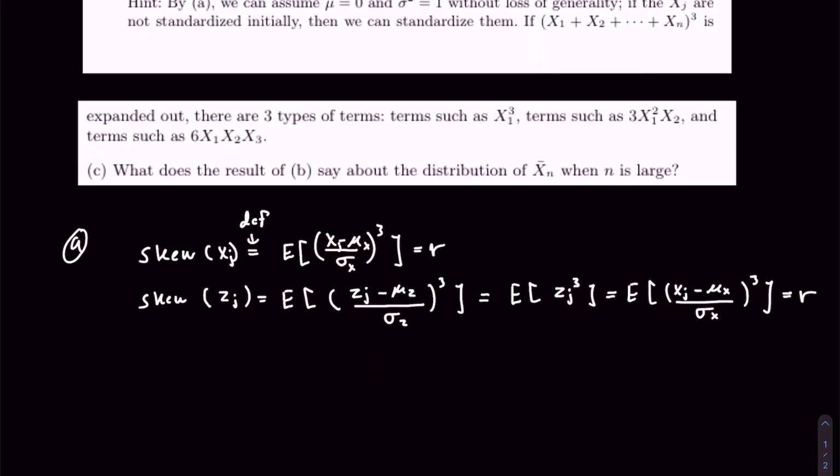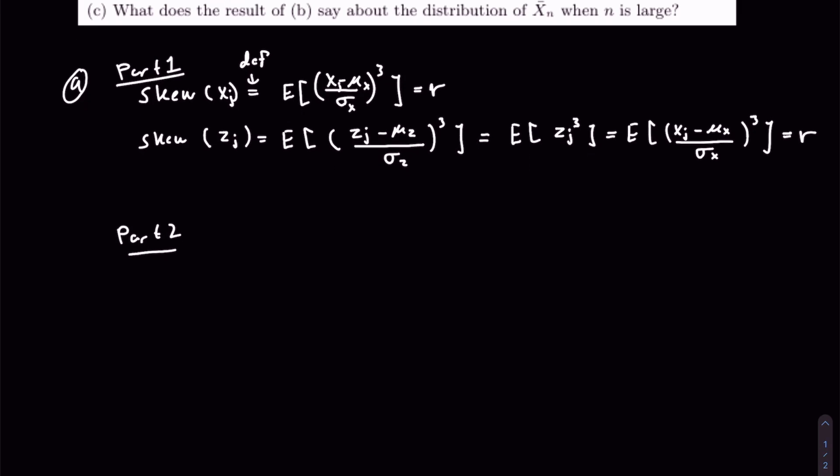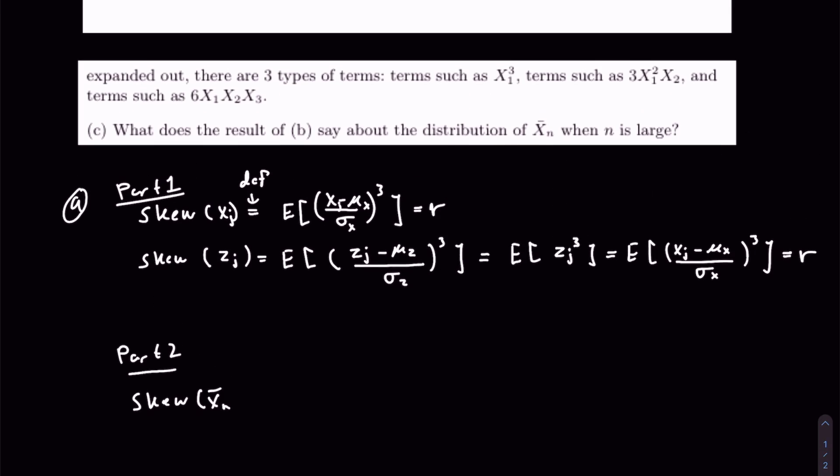Let's move on to showing what the sample means amount to. Okay. Call this part B here, this was just part 1. All right, so the skewness, again, of the sample mean of the z's, of the x's, let's see, it's just n, right?